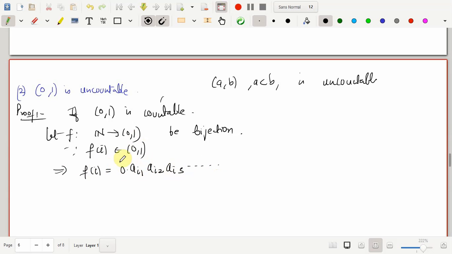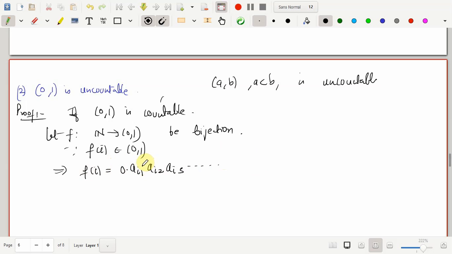This keeps on going, a non-terminating decimal expansion, and if after a certain stage all such aij's are equal to 0, then again it becomes an exact number.